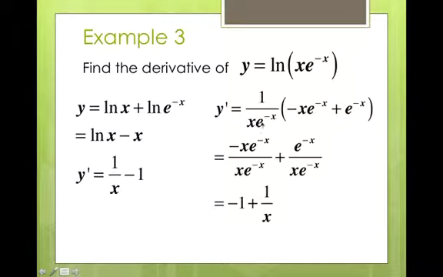Well, this is actually a product, so I have to use the product rule here. So I have the first times the derivative of the second, which gives us this term, and then I have the second times the derivative of the first, which is just 1. So I get this. I can do some simplifying here, and then again here. And you'll see that these two answers are exactly the same.